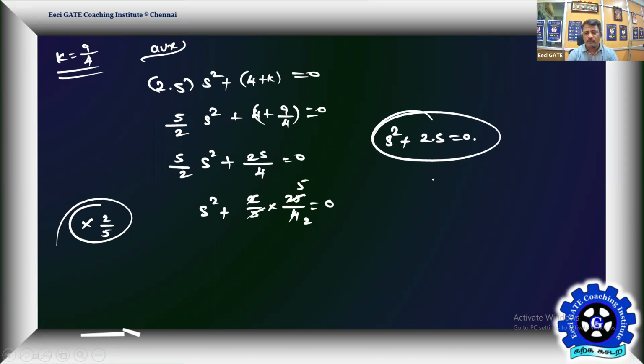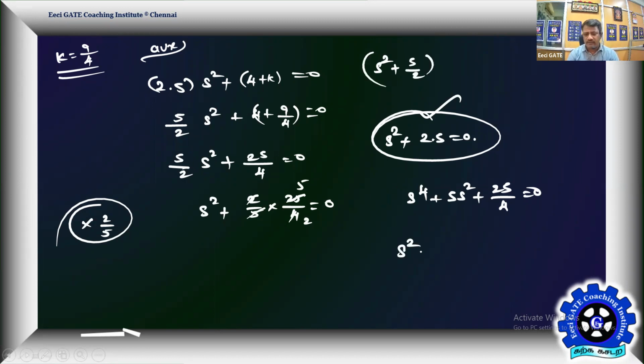That means what you need to do is you have s power 4 plus 5a square plus 4 plus 9 by 4, that is 25 by 4. In this, this is a factor. So s square plus 2.5, that is 5 by 2.